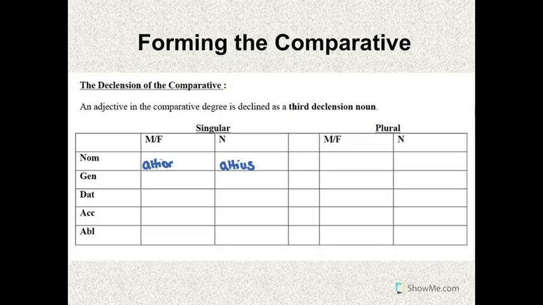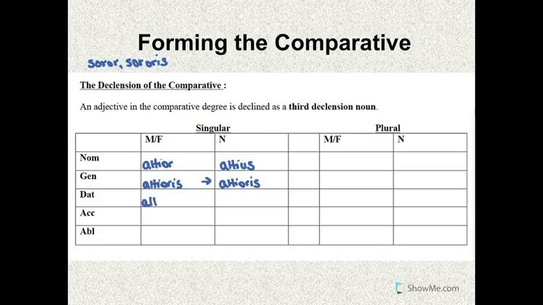Because it is functioning like a third declension noun, our genitive is going to be altioris. And you can compare this to another third declension noun that ends in or, such as soror, sister, sororis. The neuter is going to be the same, so also altioris.